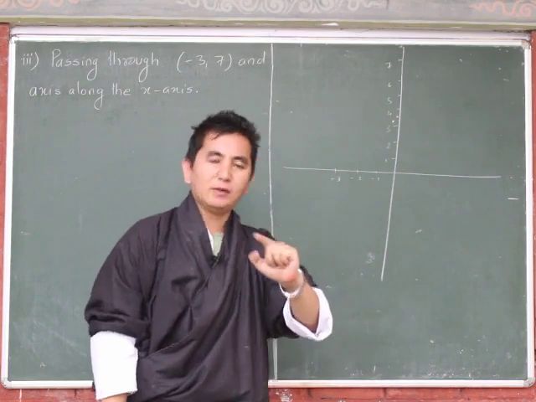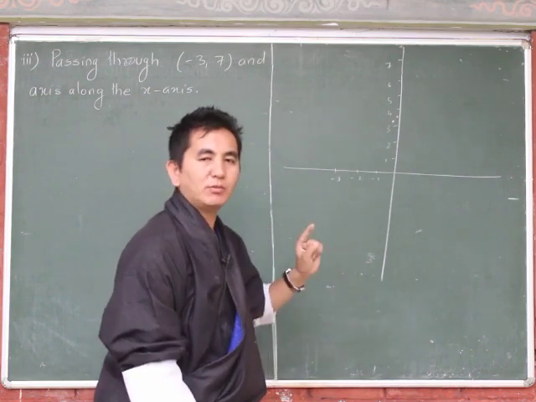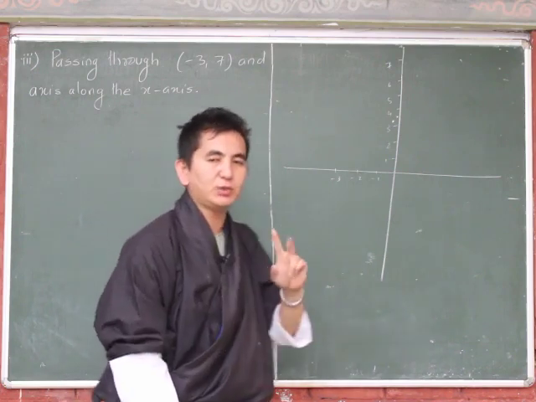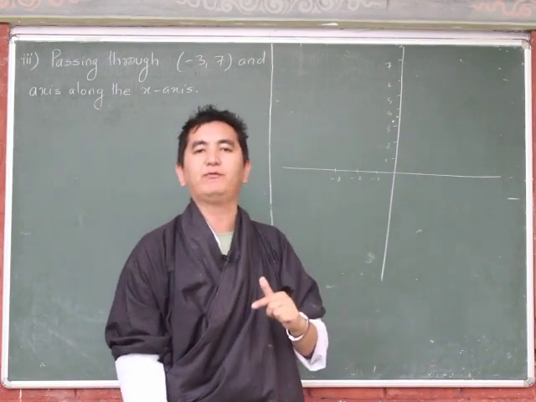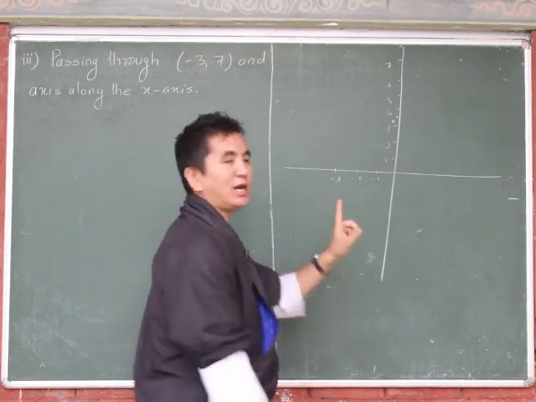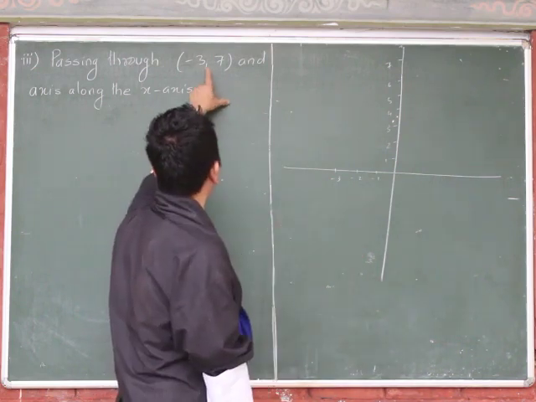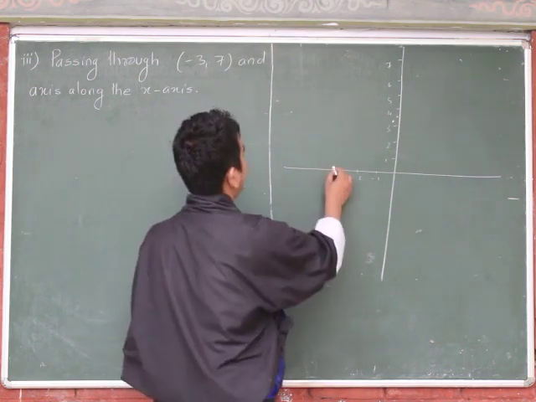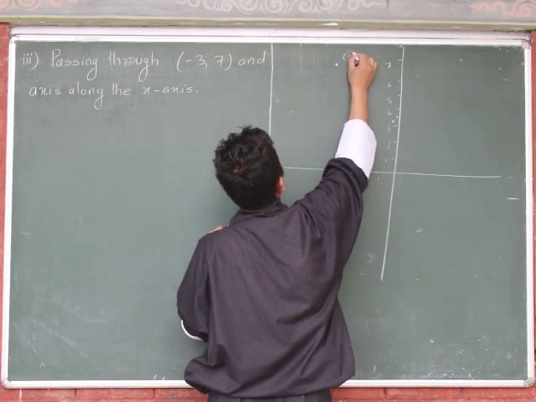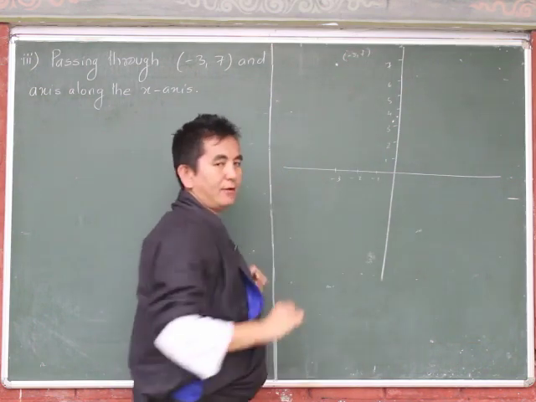Remember, the vertex is at the origin and the axis is along the x-axis, so we have 2 options, concave right or concave left. Now that parabola is passing through the point negative 3,7, which is somewhere here. This is the point, negative 3,7.